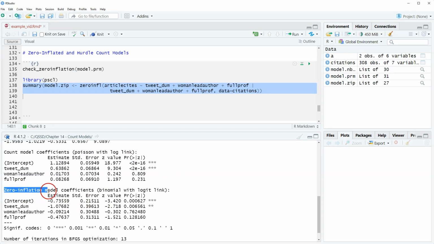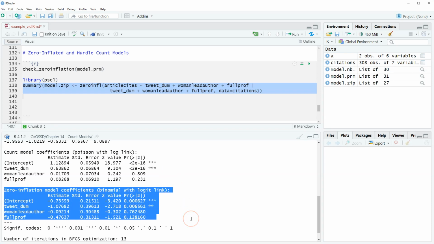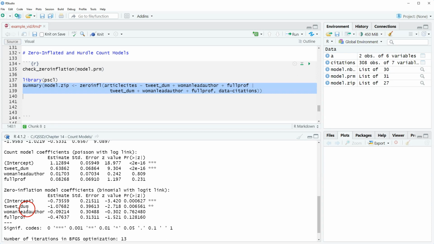This bottom part here is our inflation equation or binary outcome model. Let's look at this first. This is predicting the probability of always being 0.